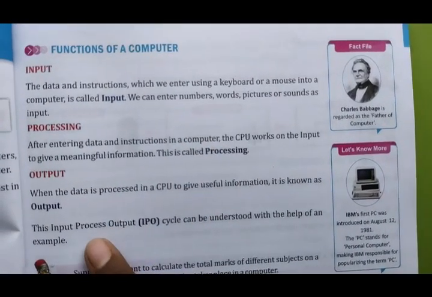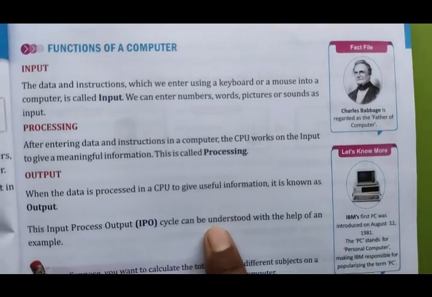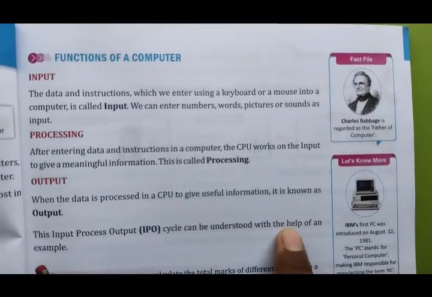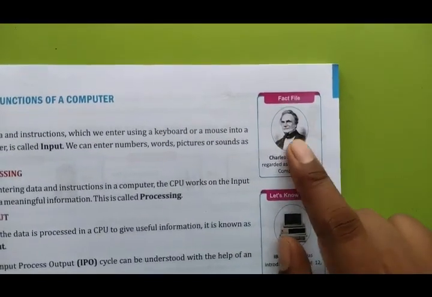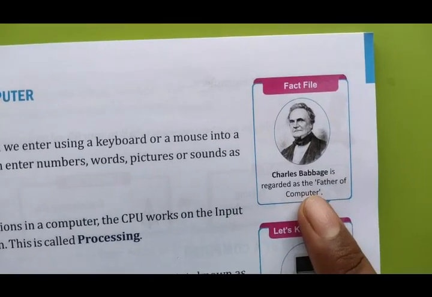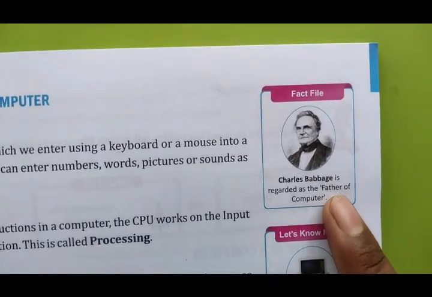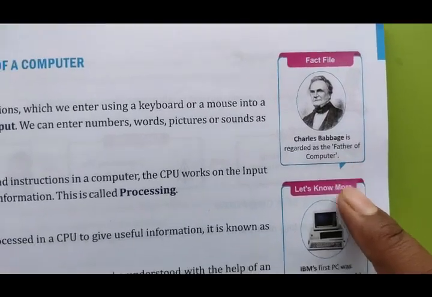So, this is input, process, output, which means the IPO cycle, and it can be understood with the help of an example. Here you can see on the right side the picture of Charles Babbage. He is the father of the computer.